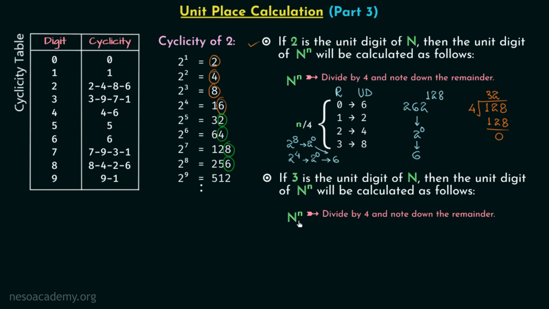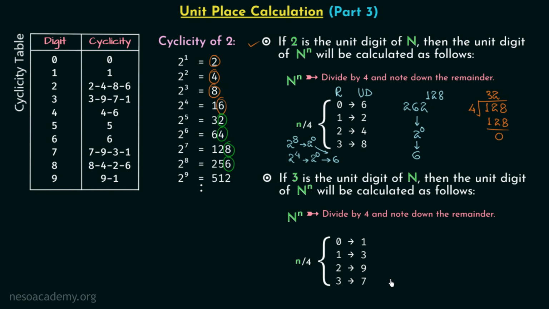We will take the power small n and we will divide it by 4, and then we will note down the remainder. If n divided by 4 has remainder equal to 0, we will get 1 at the unit place. If remainder is 1, we will have 3 at unit place, and if the remainder is equal to 2, we will have 9 at the unit place, and finally if we have remainder equal to 3, we will have 7 at the unit place.